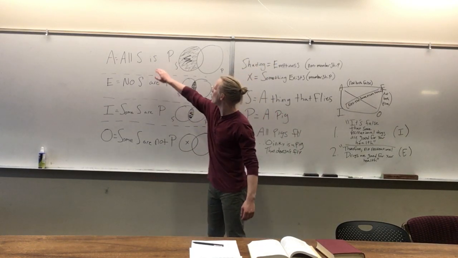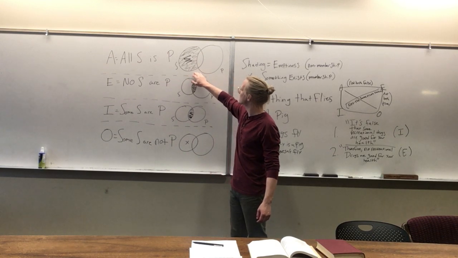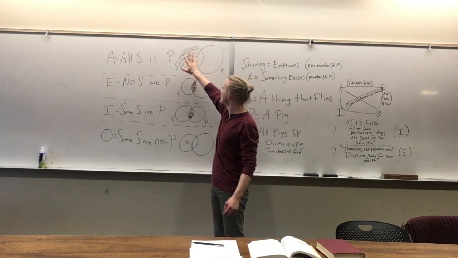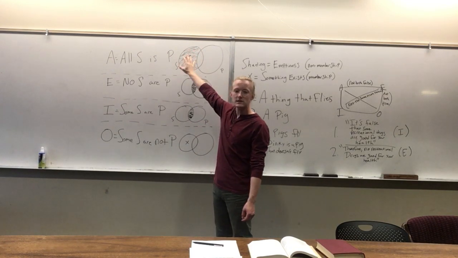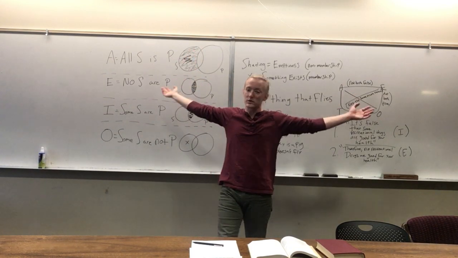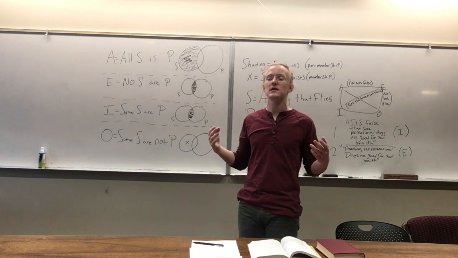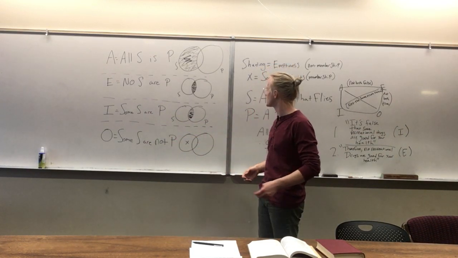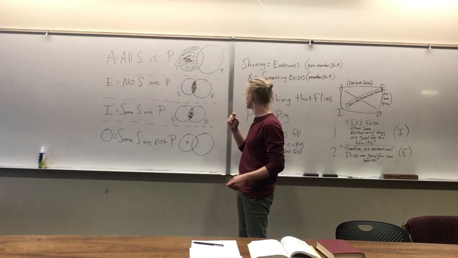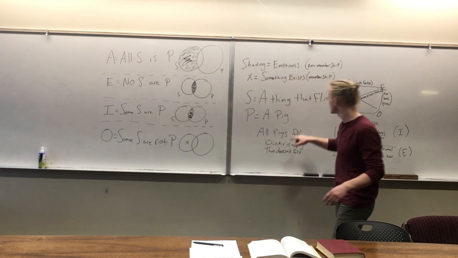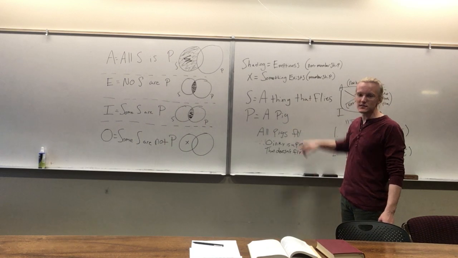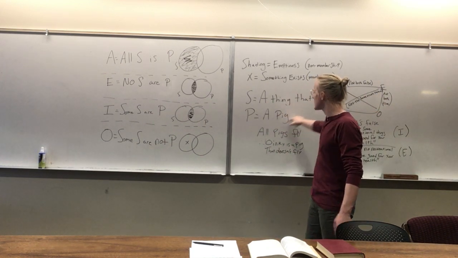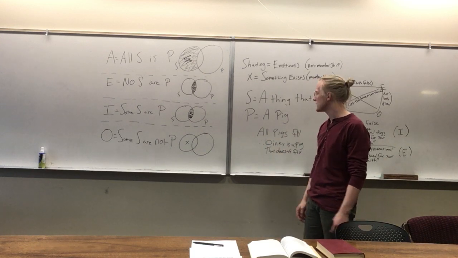So when I say that all S is a P, what I have in this first circle is the objects that are S. Every single object that exists in the whole world, in the whole universe, that has the property of being S, maybe of being a swan, right? Or to stay consistent with my examples, is a thing that flies. So I have two predicates here, S being a thing that flies, P being a pig.